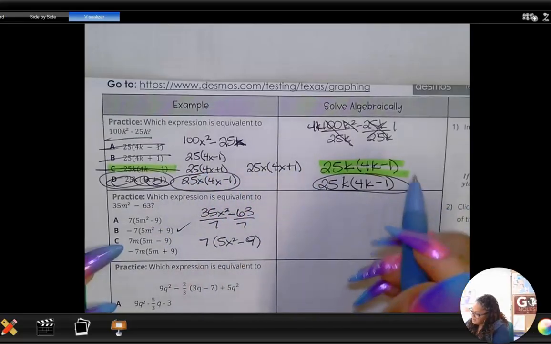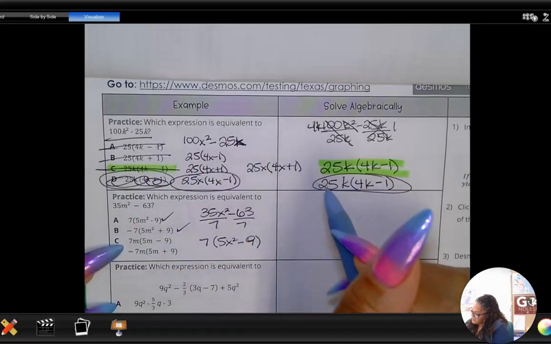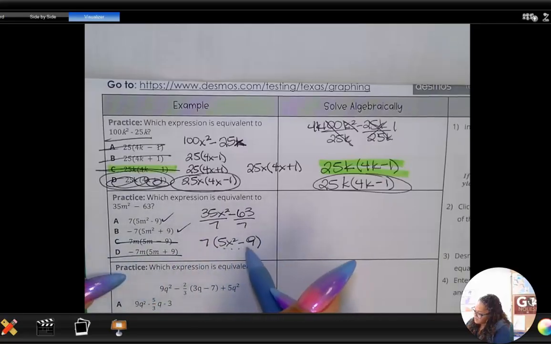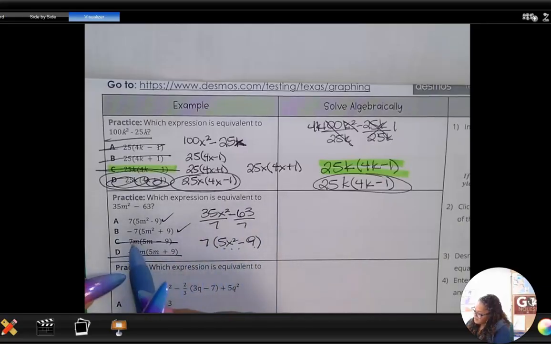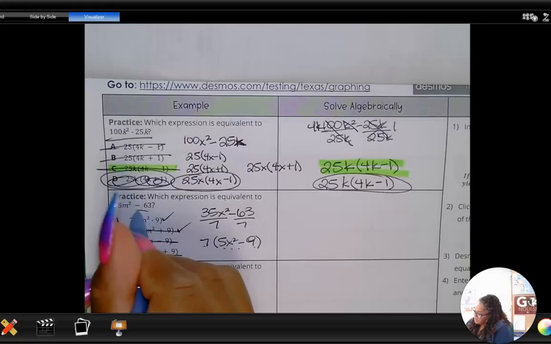Yes, that's right here. And I have this one as well. So let's get rid of these. Now this says 5x squared minus 9, and this says 5x squared minus 9. That looks like it works. But this one here, I have a negative 7, but my 7 out here is not negative, so this is wrong as well. It's got to be this guy.